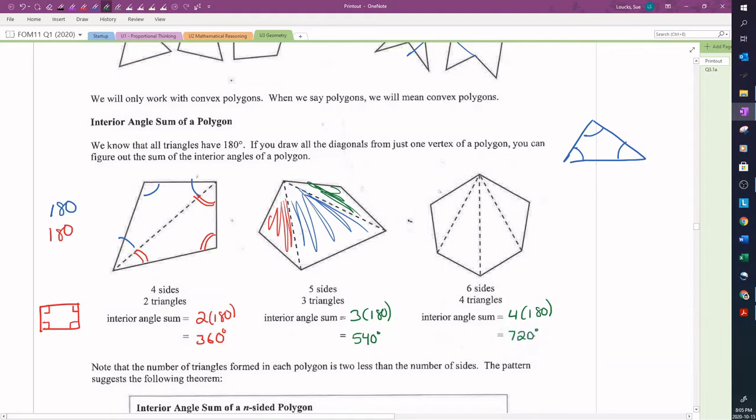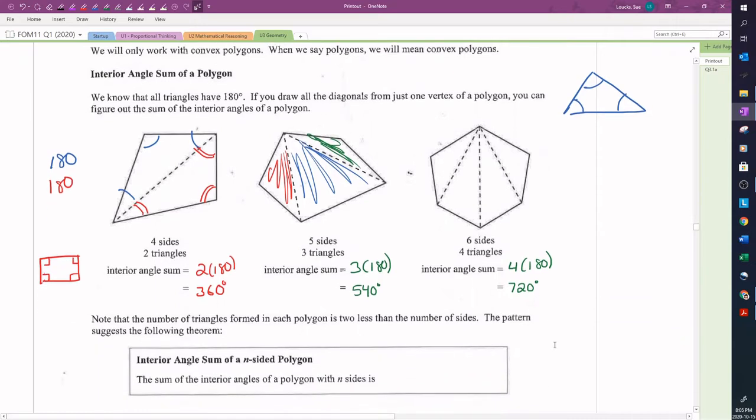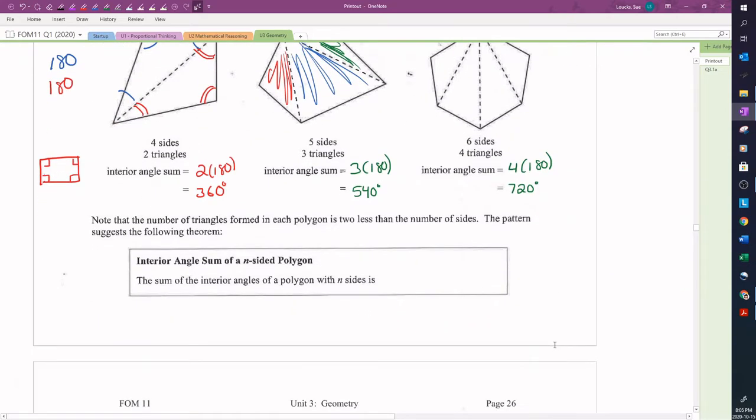So this brings us to our first theorem on polygons, and that is that the interior angle sum of an n-sided polygon, which means a polygon that has n sides, the sum of the interior angles of that polygon is 180 times n minus 2, as long as n is greater than 2.